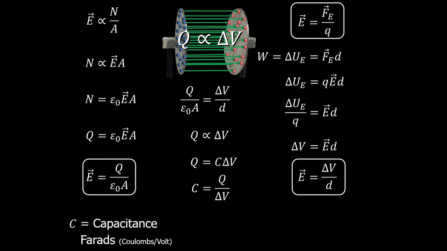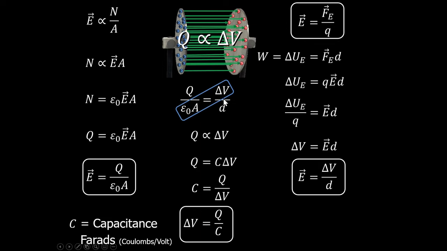It's 1 coulomb per 1 volt, and it's named in honor of Michael Faraday. We rearrange that equation, and in our equation sheet, we have it like this, that the difference in potential is how much charge is on those plates divided by the capacitance. Just rearranging that.